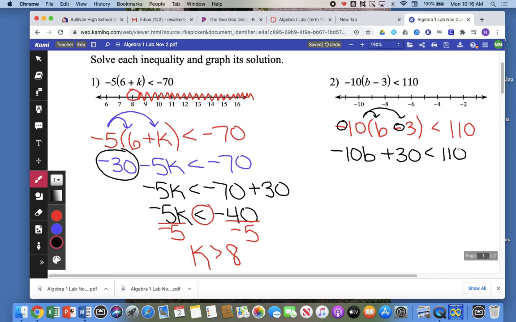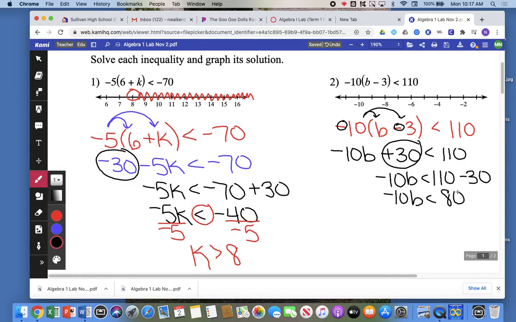All right, so the only thing we need to move is this positive 30 needs to move over and become what? Negative 30. So we get negative 10b. What is 110 minus 30? 80.